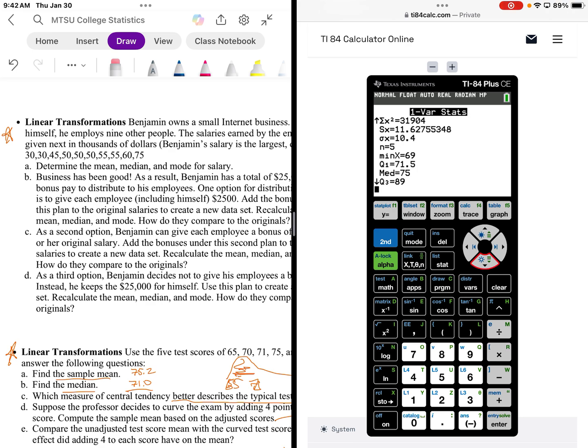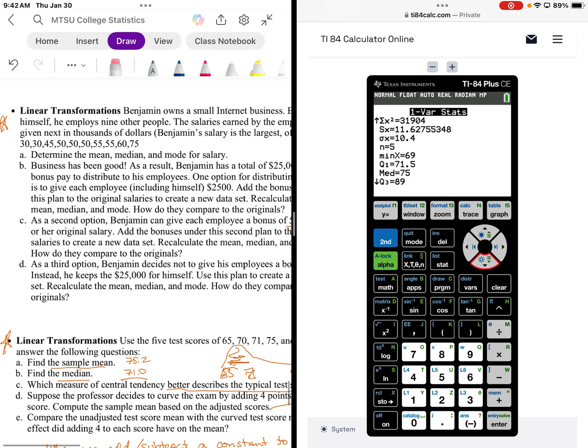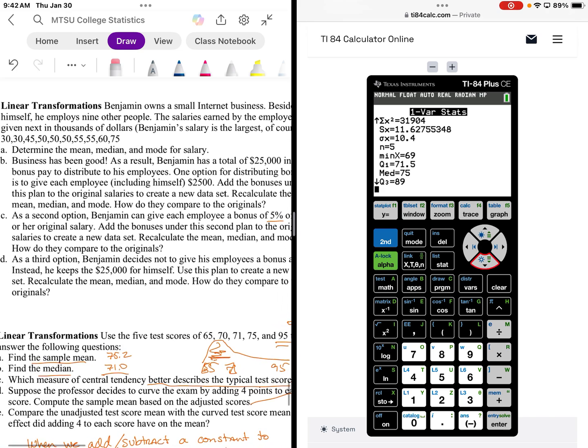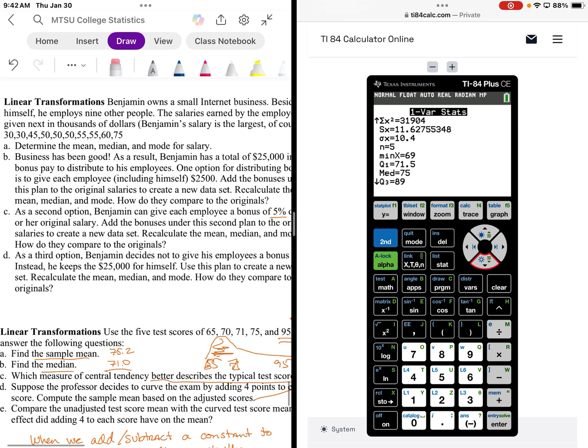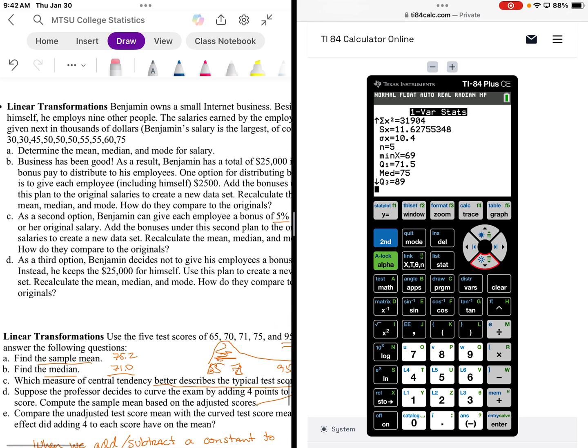Now here's where we've got to be careful. All those salaries are in thousands. So with that in mind, are you typing in 30 with 3 more zeros, or are you typing in just 30?